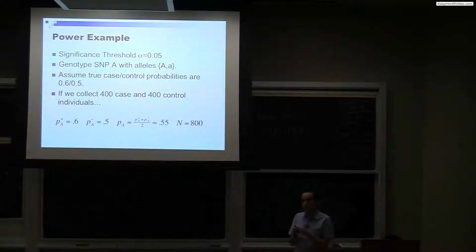But you'll see that the rarer that a variant is, the lambda A gets smaller, okay? So people use power mostly to take a data set and say, okay, I'm going to be able to find with reasonable power all the variants that have this effect size and are at least this common. And for smaller effect sizes and rare variants, they won't be able to do that. So that's usually what people do, right?